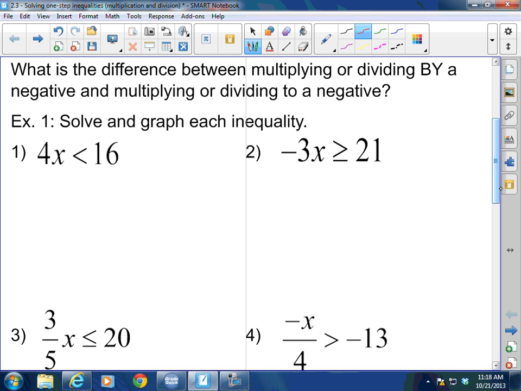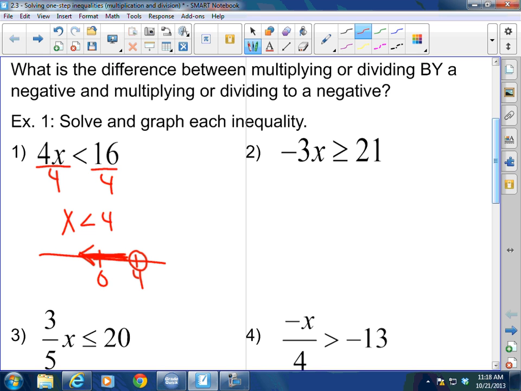What's the relationship between 4 and x here? They're being multiplied. How do you cancel multiplication? Am I dividing by a negative here? So do I flip the inequality? Nope. So x is less than 4, open circle at 4, shaded to the left, and boom, you're done.